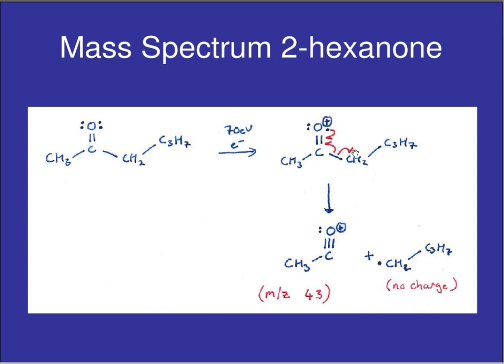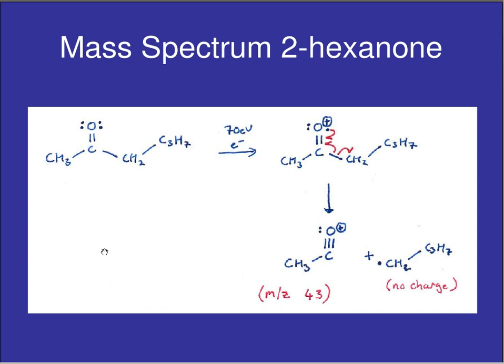The remaining electron forms a radical, and so we end up with a radical which has no charge, which is not visible in the mass spectrum, and we also see this fragment over here, which you can calculate as 2 12s plus 16 plus 3, which is m/z of 43. So what has happened here is we have got alpha cleavage of the ketone to form m/z of 43.